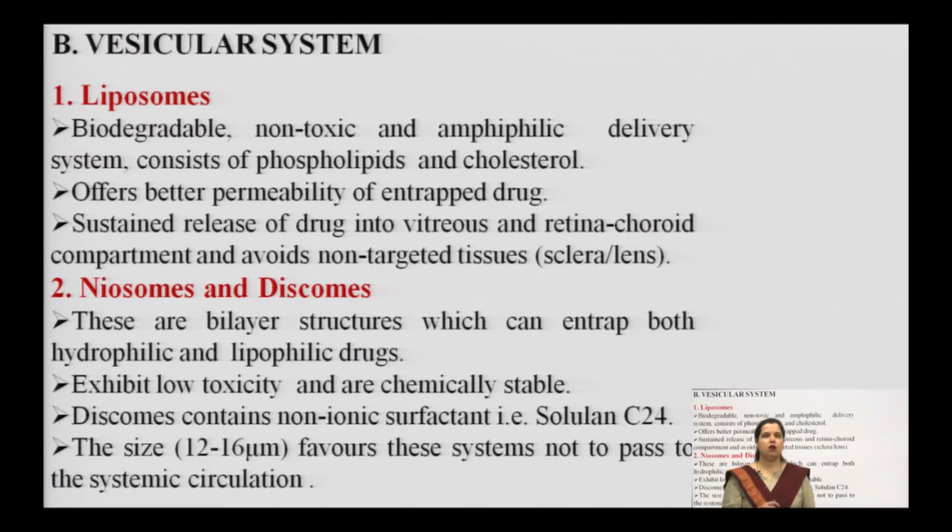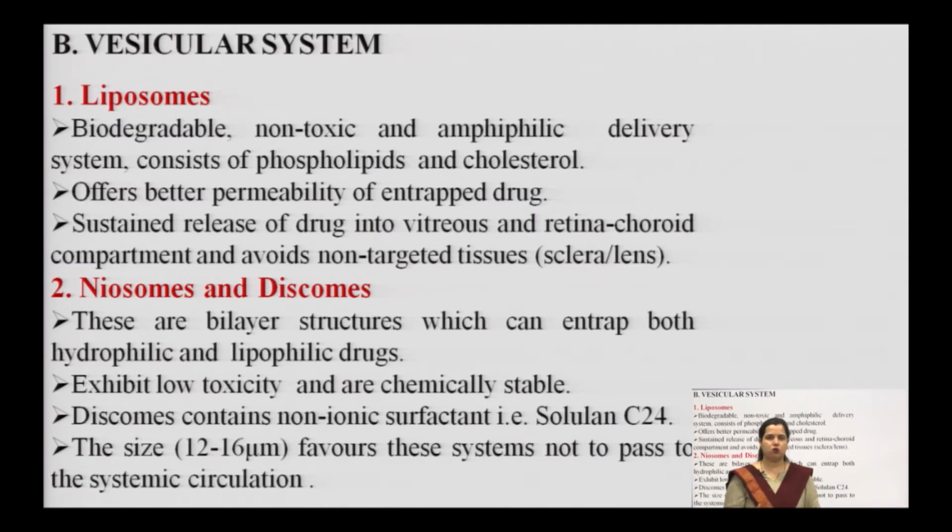Vesicular system. So, now after discussing the conventional forms, we will discuss the novel drug delivery systems like vesicular systems: liposomes, niosomes and discosomes. In vesicular systems we have a variety of systems like liposomes.